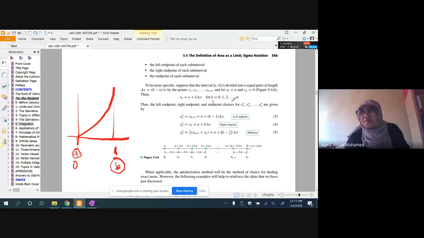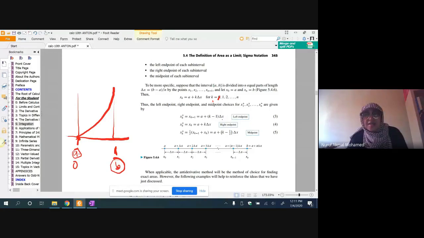I think this is not correct. It should start from 1. If k starts from 1, then it is correct. So our first point will be the left endpoint, which is a.